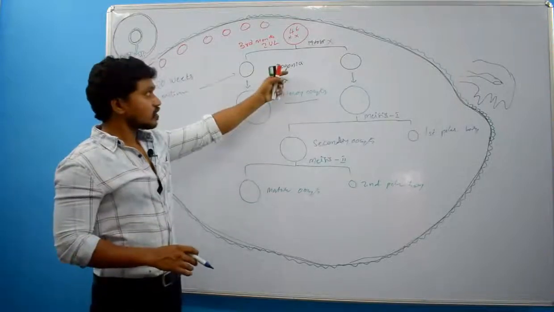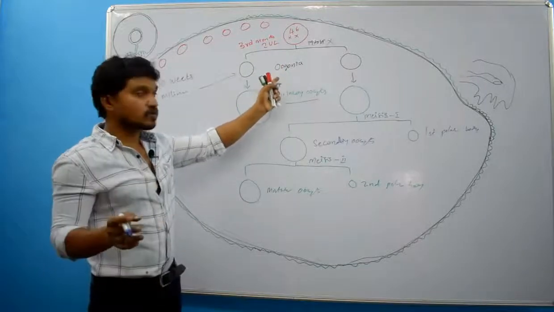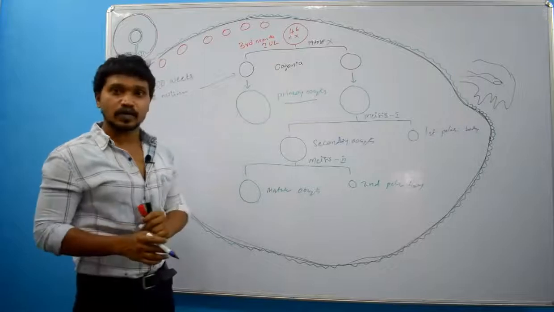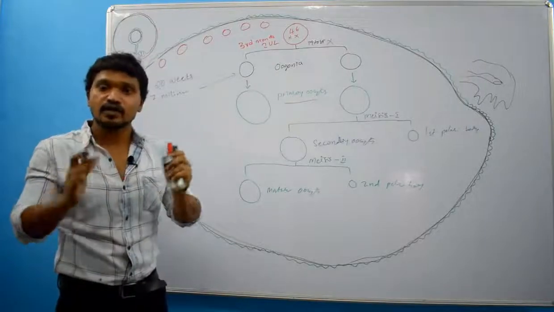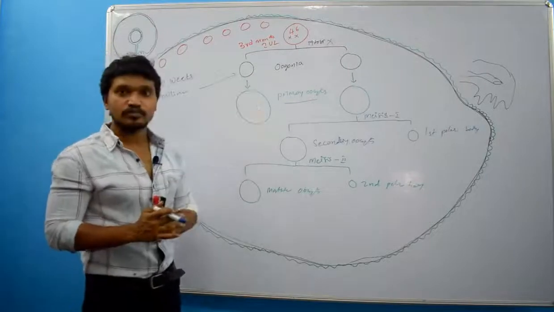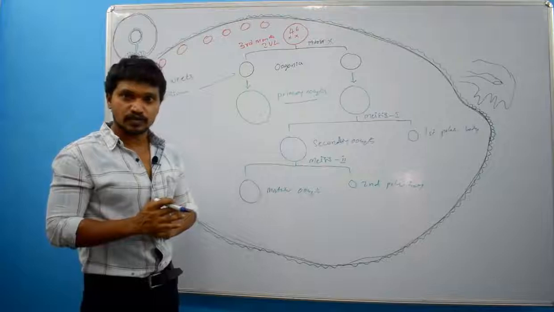Right? So in the next step, there will be transformation of oogonia into primary oocytes. How will they transform? Just by enlarging the size of the oogonia. Once they enlarge their size, they become primary oocytes.